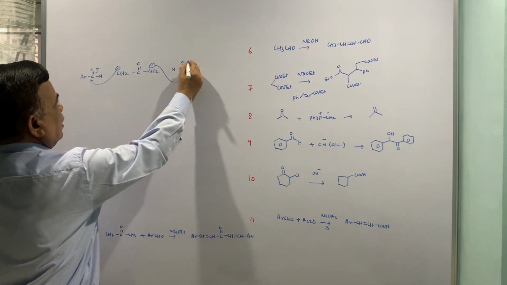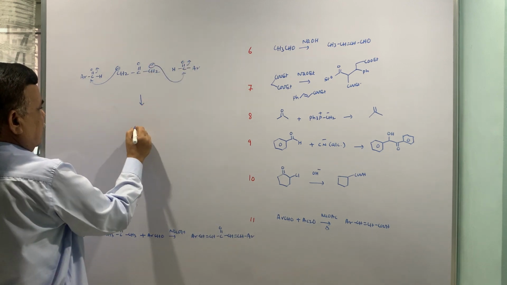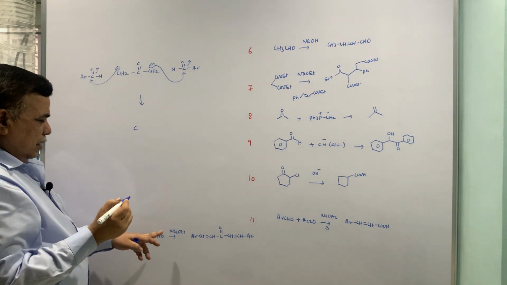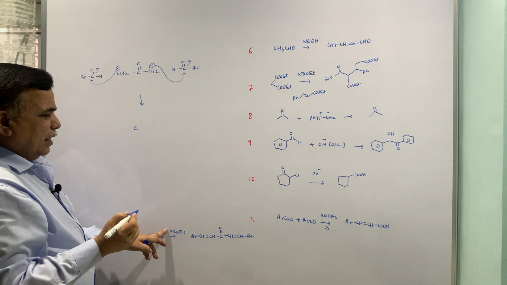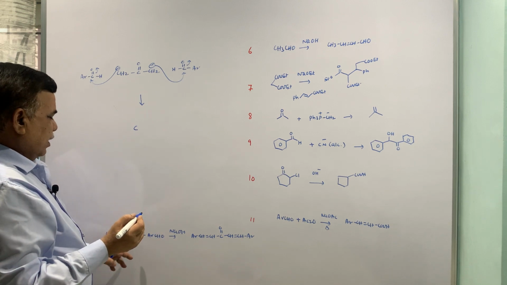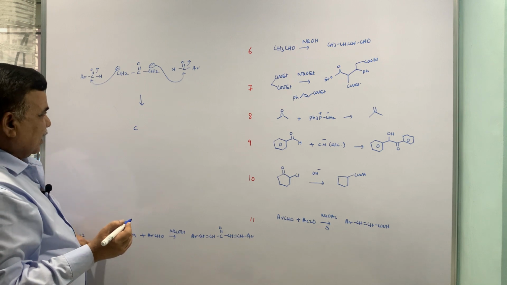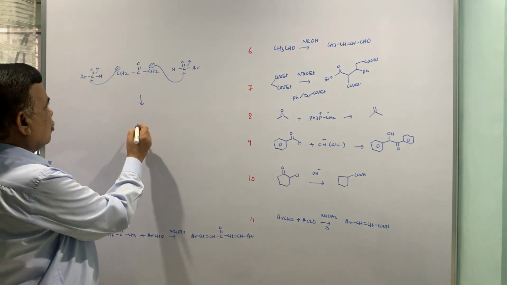So I can see that this acetone, this is 10% NaOH, dilute NaOH, and then both the protons can be abstracted. You can show one by one also, no problem.